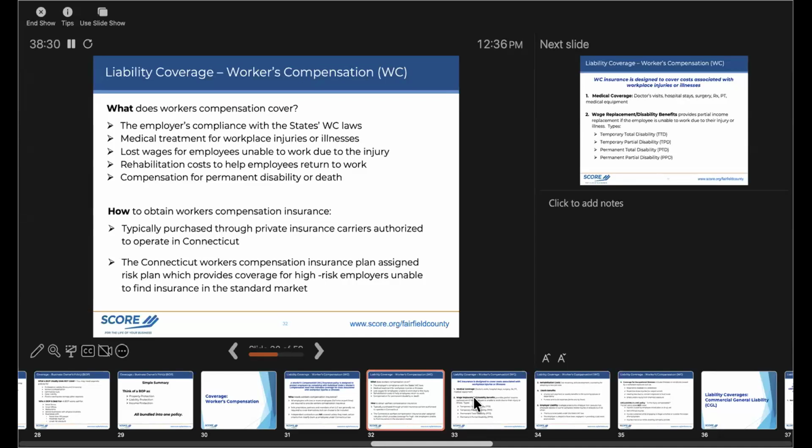Okay? Workers' compensation is purchased through brokers and agents, and you can get it from the Connecticut Workers' Compensation Insurance Plan. It's called Assigned Risk, which provides coverage for high risk employers unable to find insurance in the standard marketplace because their losses are so high. Okay, and those are generally businesses that aren't paying attention to worker safety, and they're not keeping a tidy house.